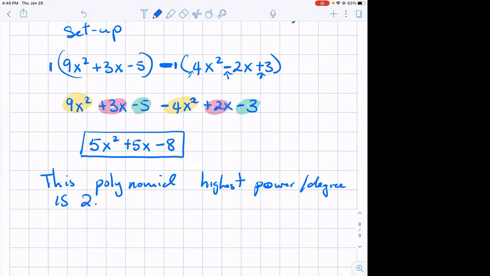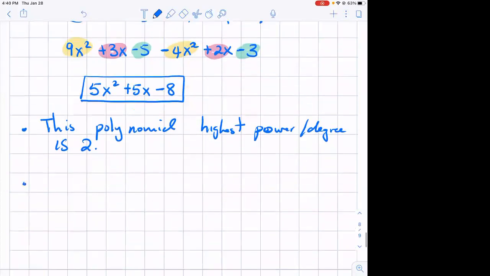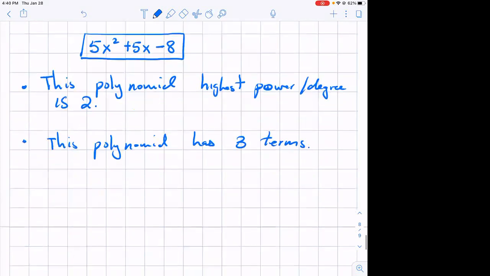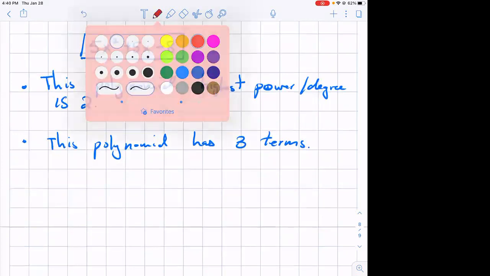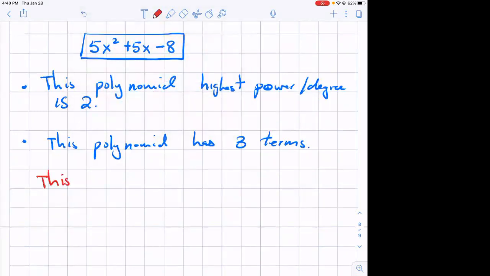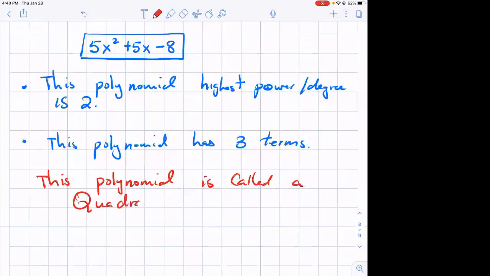Note also this polynomial has 3 terms. So in general, this polynomial is called a quadratic.